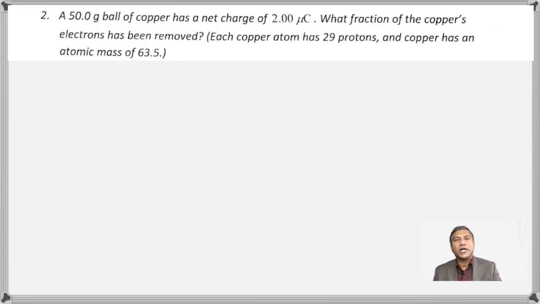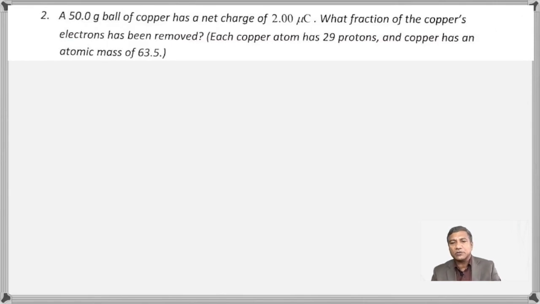So in order to find how many electrons exist in copper, we're given that each copper atom has 29 protons and that copper has an atomic mass of 63.5. So let's first find out how many electrons there are in total in a 50-gram ball of copper. Of course, it's going to be a big number.